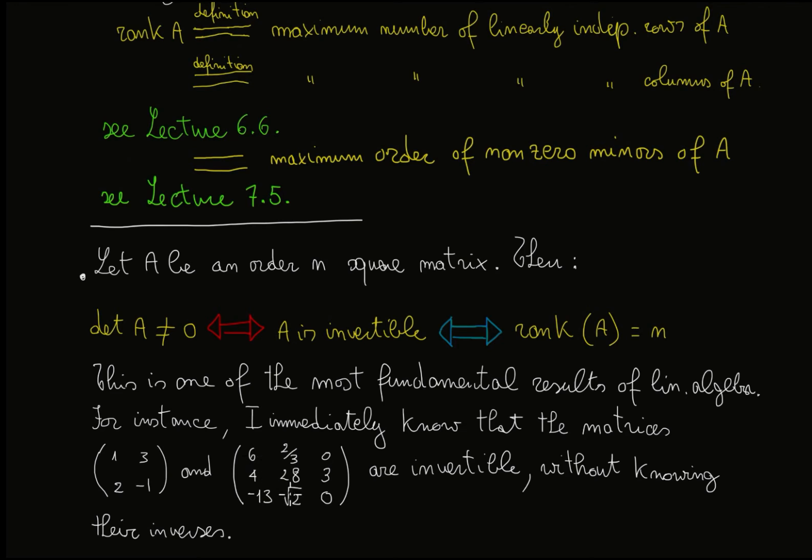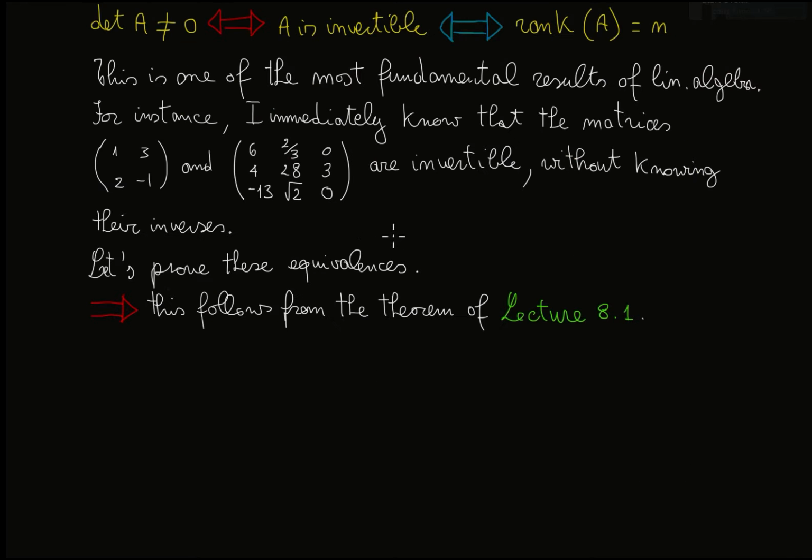And the determinant of this 2 by 2 matrix is clearly non-zero. Therefore, 3 times a non-zero number is different from 0. And so we conclude the determinant of A is different from 0 and A is invertible, without knowing its inverse, as I mentioned before.